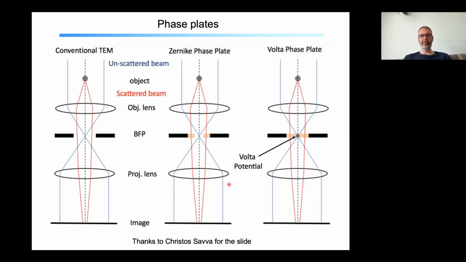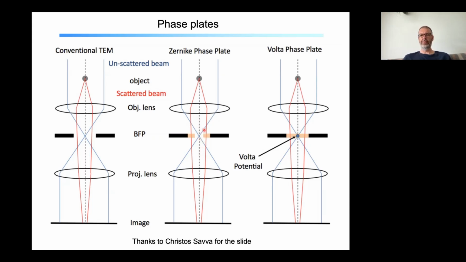There are two different types that have both been used. There's the Zernike phase plate here, where your unscattered electrons at the back focal plane go through at the origin, because essentially there's no scattering angle, so they're allowed to go through the hole.